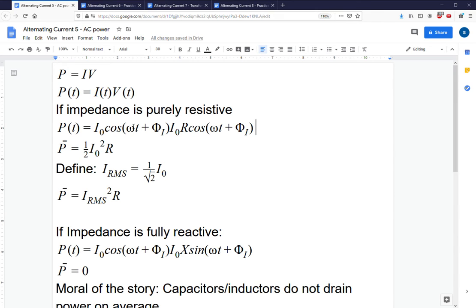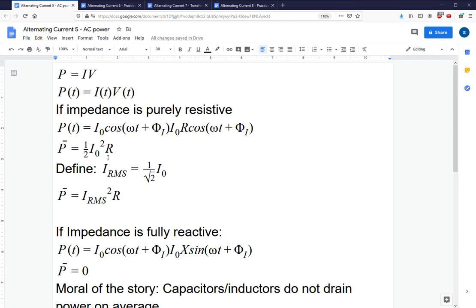So I naught times I naught, that becomes I naught squared, and this R. And then we have cosine times cosine. Now we can do the calculus, but the average value of cosine squared is 1/2, which means that the average power is 1/2 times this I naught squared times R.